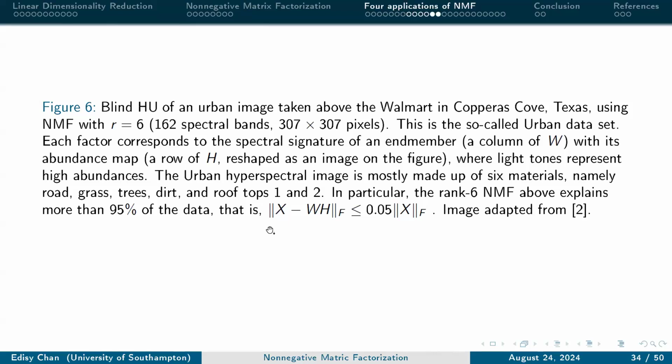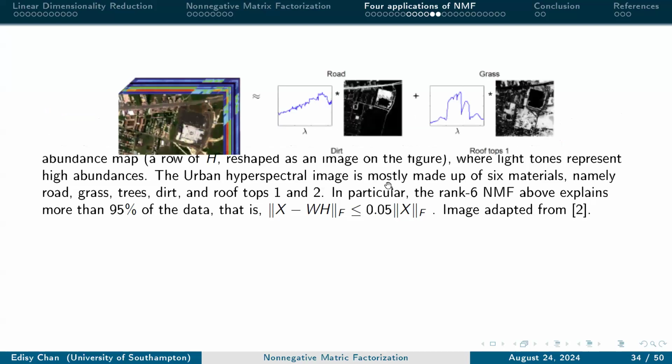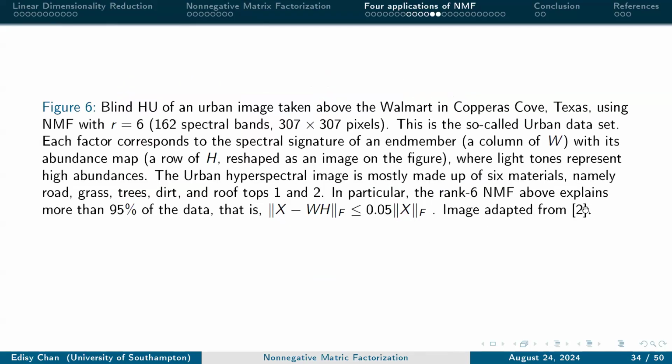To be more mathematical, that means the Frobenius norm of the residual is less than or equal to 0.05 times the Frobenius norm of the original dataset. The image I extracted from the book, and we'll show you the reference later.